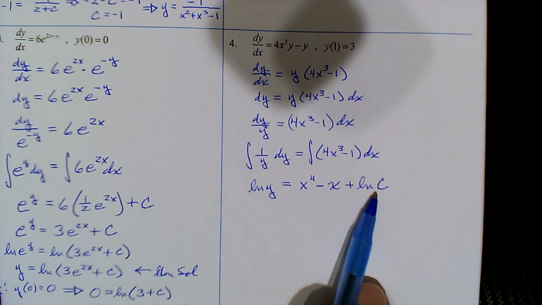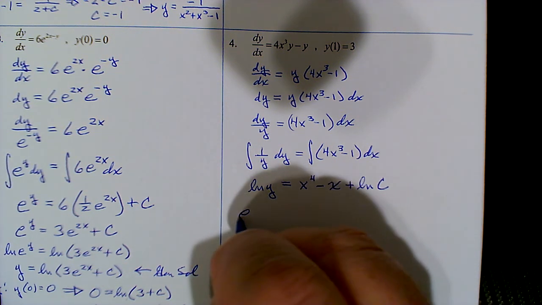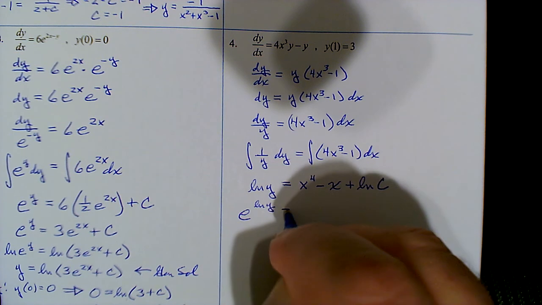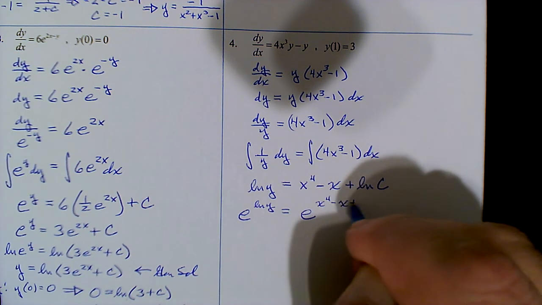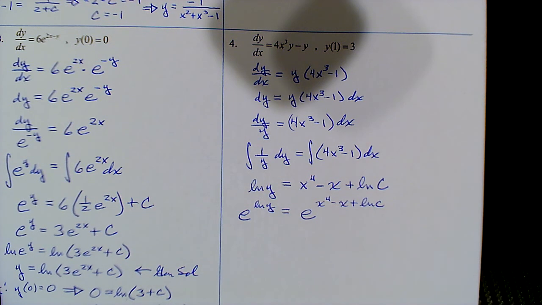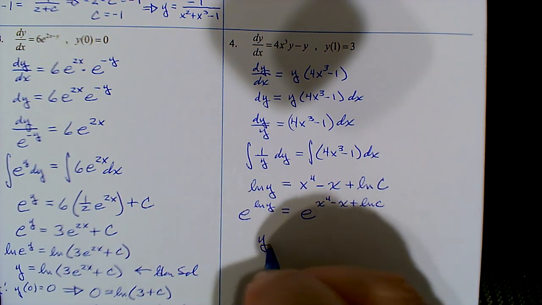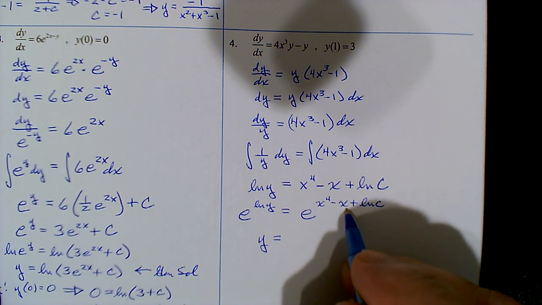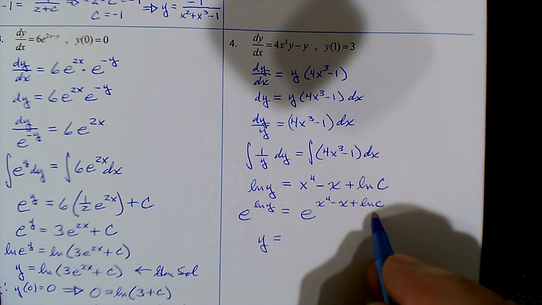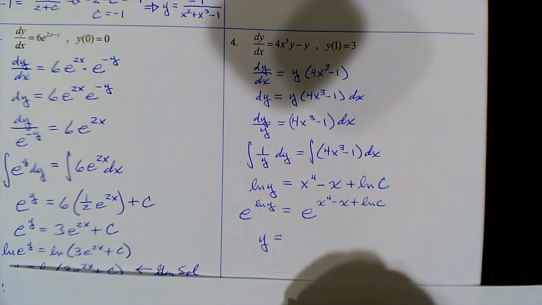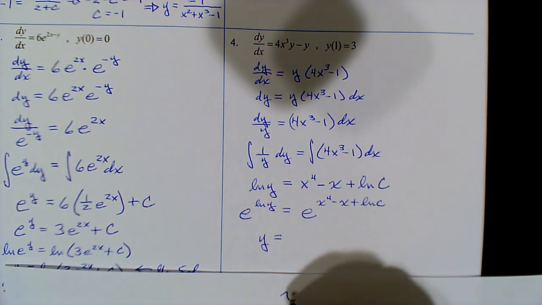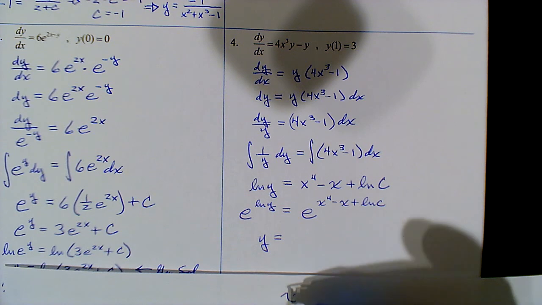We're basically taking e to the x to the fourth minus x plus the natural log of c, and we're going to split it up at this point. So this x to the fourth minus x is going to be the a, and the natural log of c is going to be the b. So this becomes e raised to the x to the fourth minus x times e to the natural log of c. But then by our inverse property, e to the natural log of c is just c, so this becomes c e to the x to the fourth minus x.